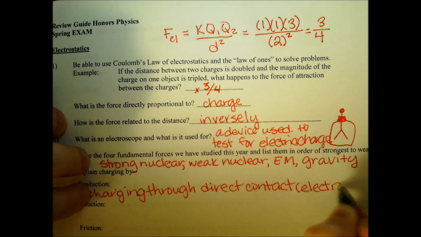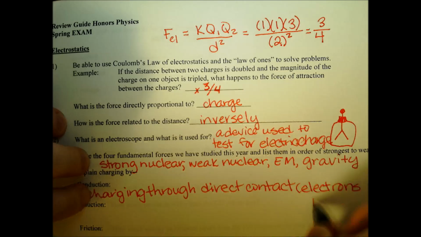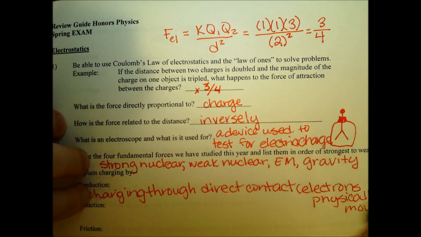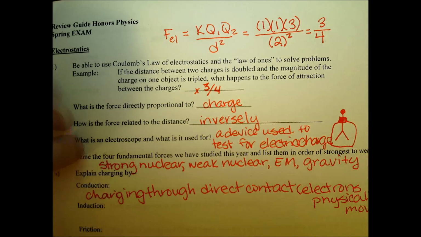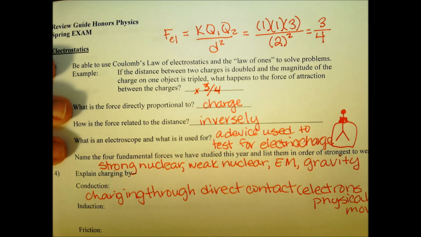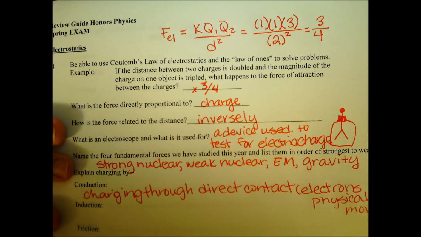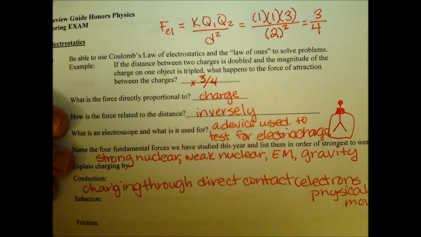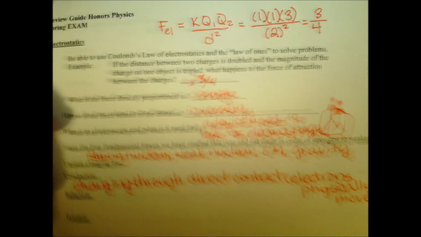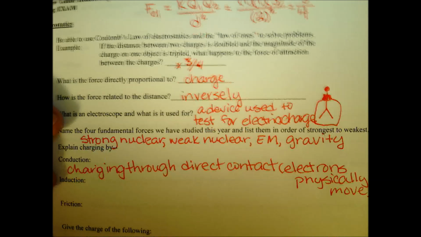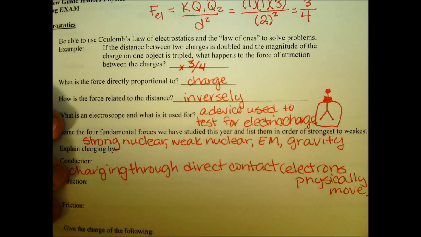Electrons physically move. And your two objects will have the same charge. I don't have room to write that, so I'll just say it. Your two objects in this case will end up with the same charge.